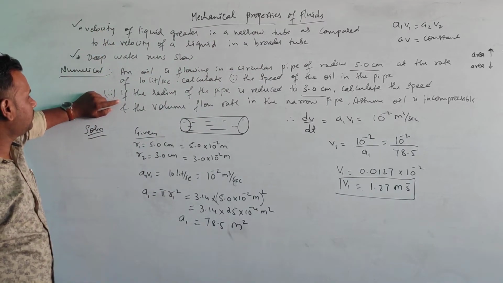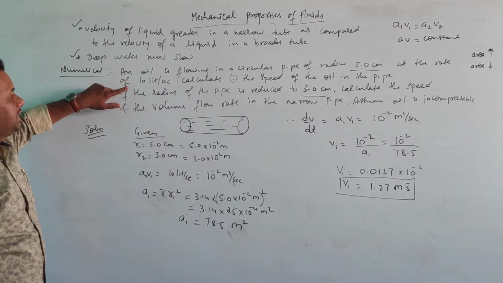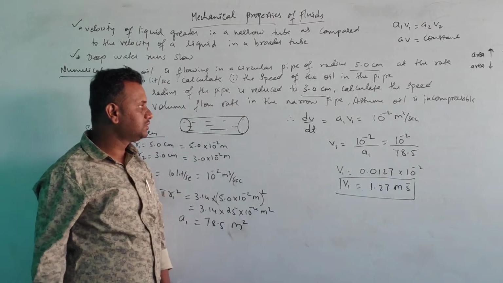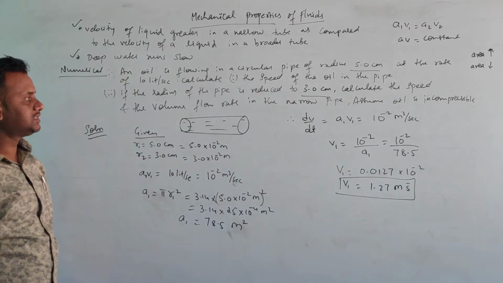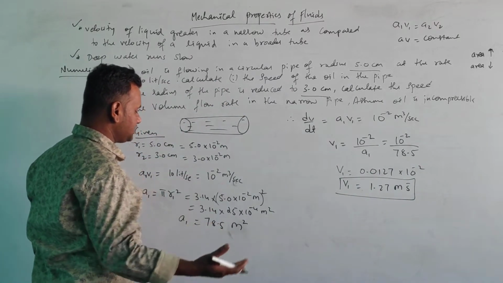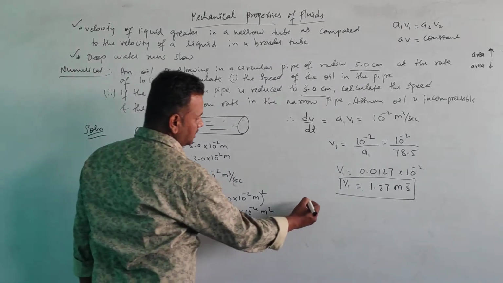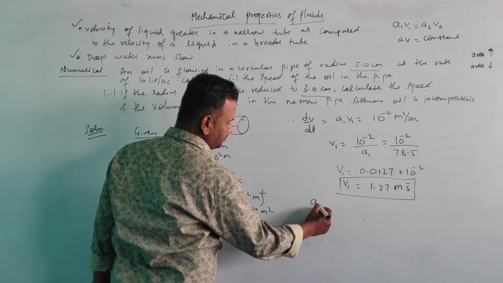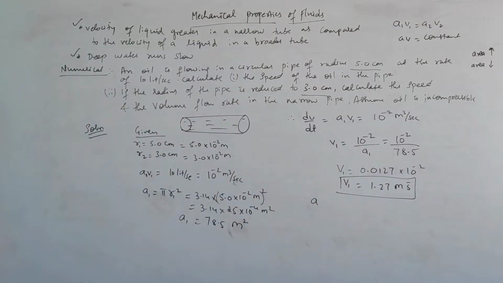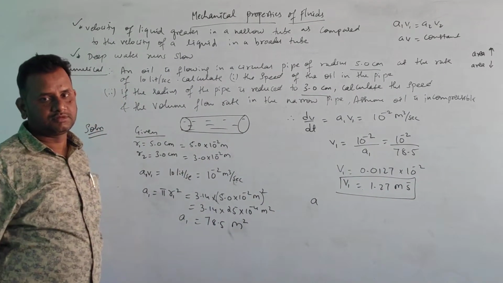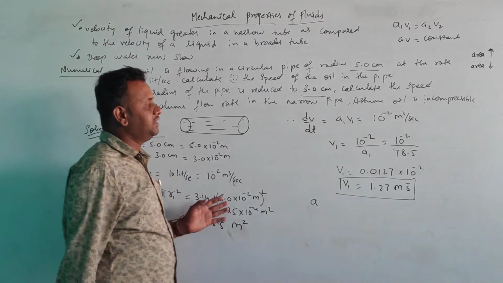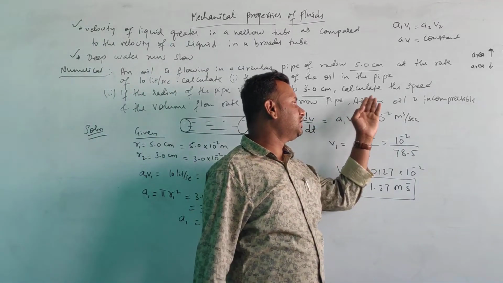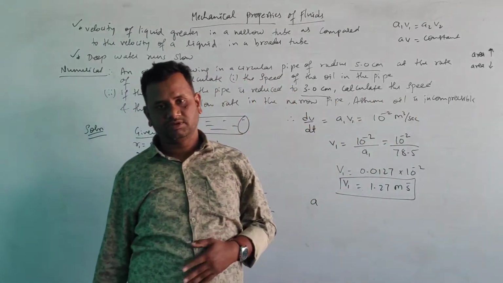So let us solve the second. If the radius of the pipe is reduced to 3.0 centimeter, now the radius is being reduced. So let us calculate the area. As the question states, assume that the oil is incompressible.